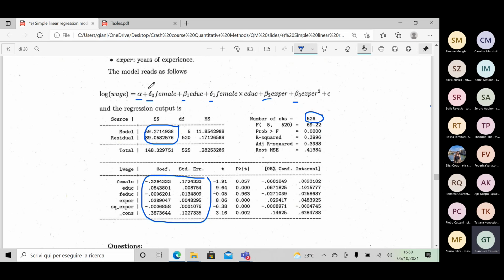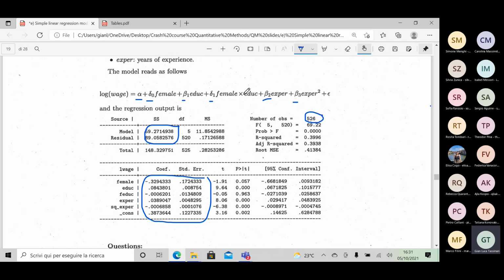And I told you that with the multiple regression model with k regressors, to get an estimator of the variance of the residual, you divide the deviance of the residual, or residual sum of squares, by n minus parentheses k plus 1, where k is the number of regressors.